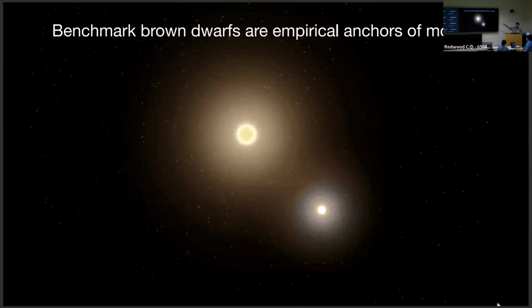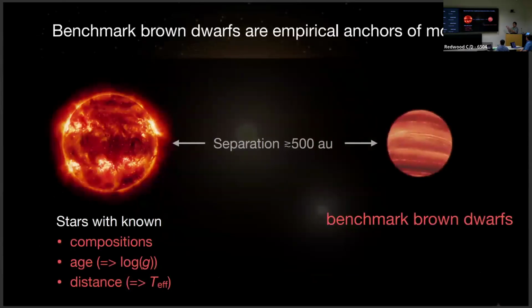And what is a benchmark brown dwarf? Specifically, I mean a brown dwarf orbiting a star as a companion. The reason they're empirical anchors is that the brown dwarf and star are born as a binary, so from the same material at the same time. That means the properties of brown dwarfs can be independently obtained by studying their parent stars.